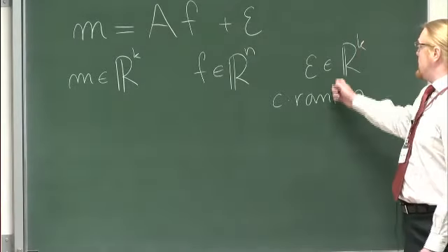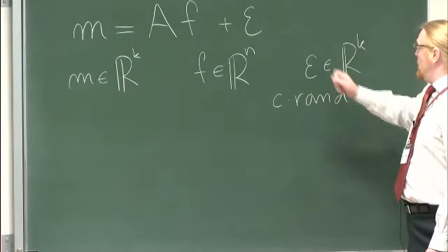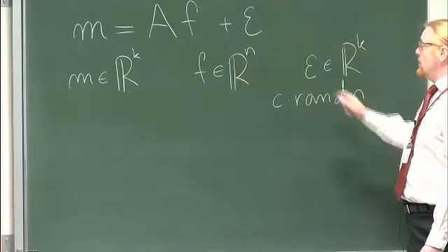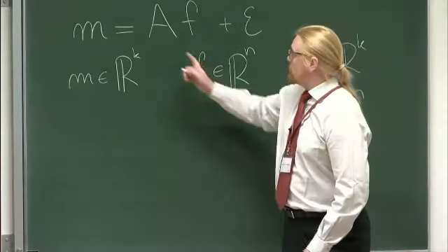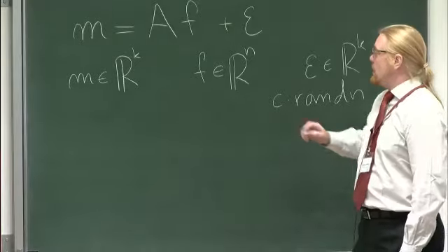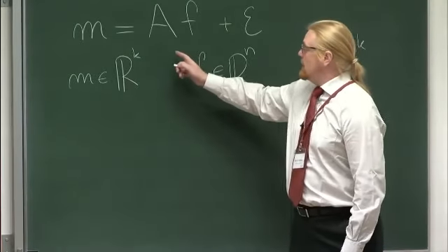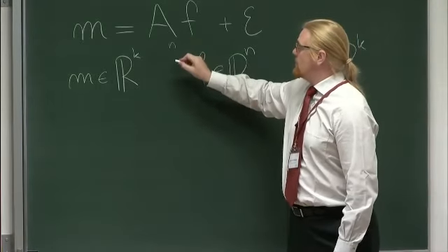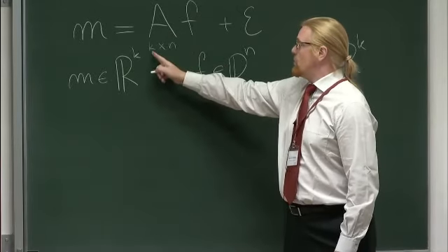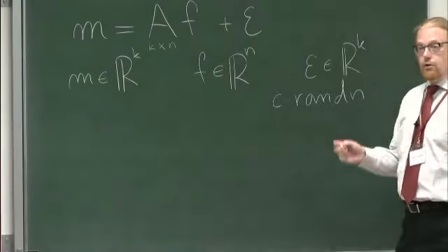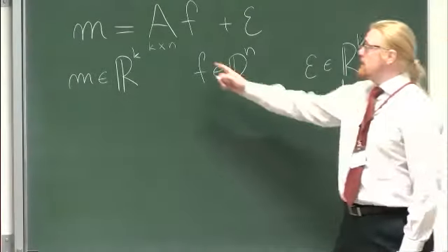So we'll take just a realization of such a random number and add it here when simulating the data. Now, of course, matrix A, because it's multiplying an n vector, must have n columns and k rows. So the number of rows, the number of columns. I use the same ordering in these indices as in MATLAB.